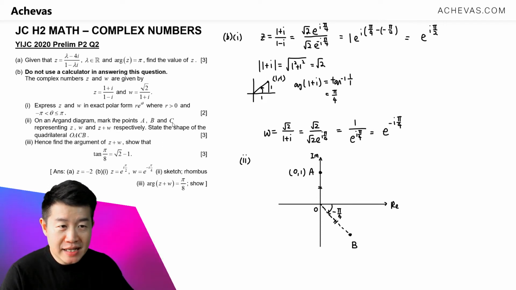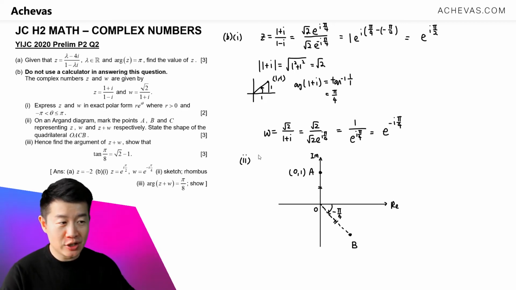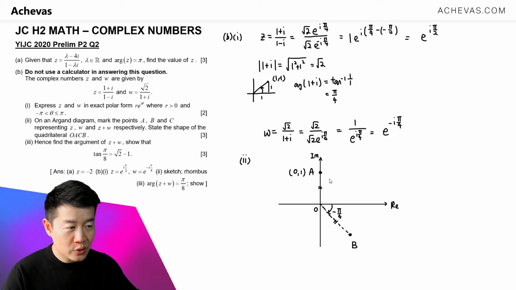As for point C, it is representing z plus w. So we have one complex number plus another complex number. And like what I have discussed in the topical outline on Achevas TV, we are supposed to see this as if it is 2D vector addition. So it is like vector z plus vector w. So we're going to apply the parallelogram law. I'm going to draw a line that is parallel to OB from A. So let's say it is somewhere here.